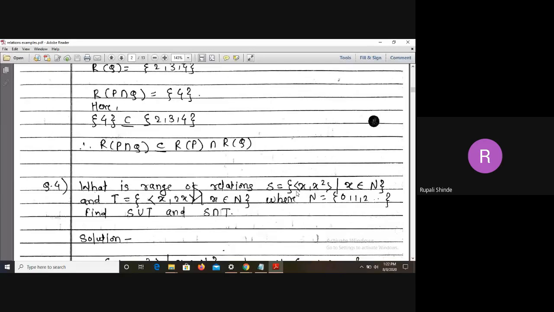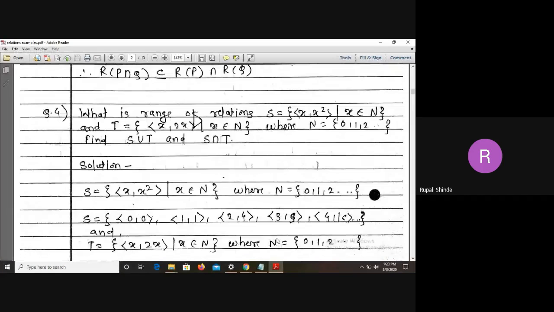So the first condition for S is we have to find such ordered pairs x comma x square. If the first element is 1, then the second element must be the square of 1. If the first element is 2, then the second element must be the square of 2. Likewise. And we have to start the value for x from 0.